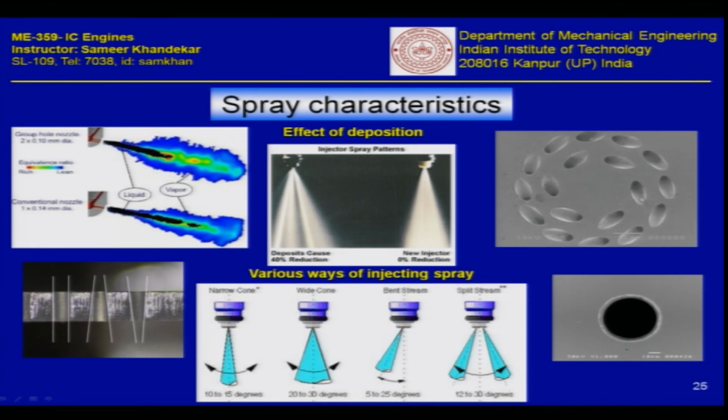Okay, they are at an angle, because when the spray comes out, it can mix very well with the air here, and when we study the air motion, the swirl inside the engine for example, or squish inside the engine, at that time you will see how the air gets mixed with this fuel spray, and why this mixing is very important, because the better the mixing is, the more chances of complete combustion.